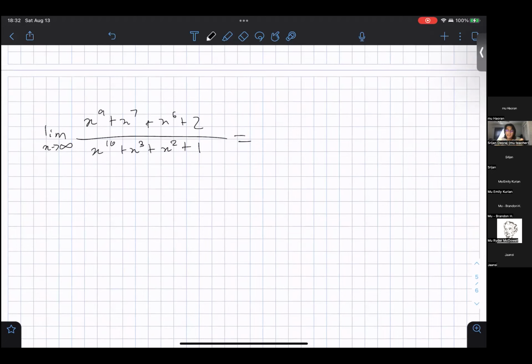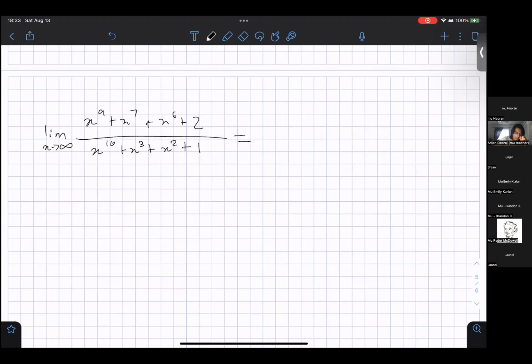So in this scenario, whenever there's a polynomial or any sort of function with powers of x, even if it's like a square root or a cube root, what I always like to do is divide by the highest power of x.